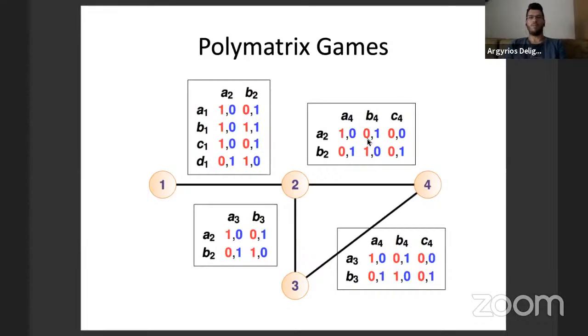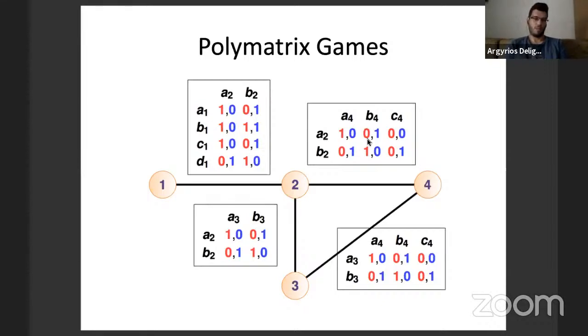The goal of this paper is to study the complexity of finding a Nash equilibrium in this kind of games when the underlying graph is a tree. Why are trees interesting? It's mainly from a theoretical point of view. Let me highlight first that any bimatrix game is a tree.